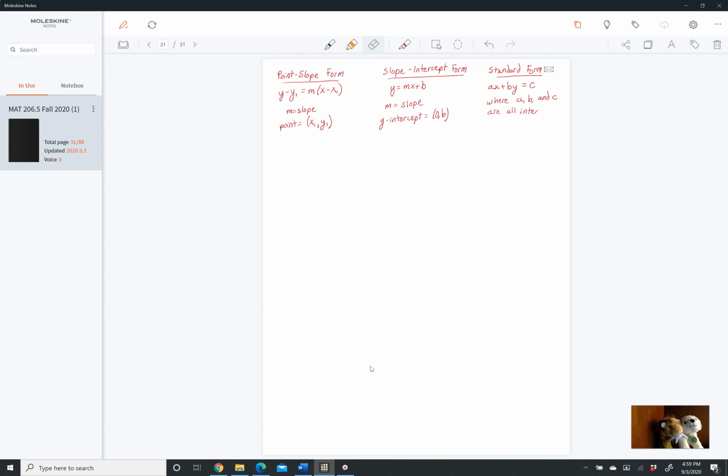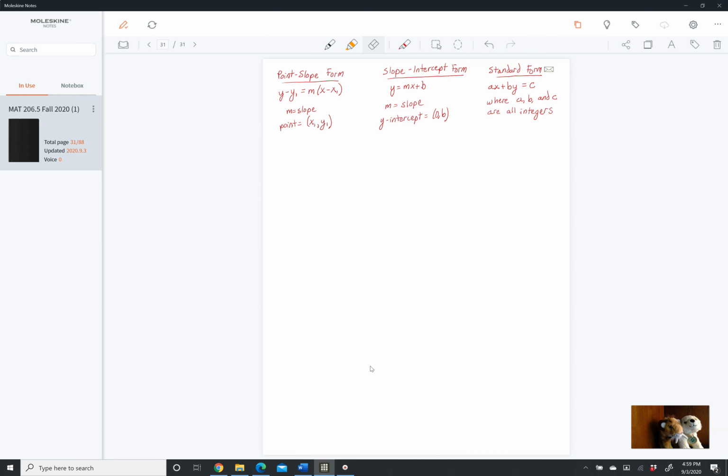You may be given the equation of a line in standard form and be asked to convert it to slope-intercept form, for example. You would never be told, given this information, just go straight to standard form. You can't do that. You would have to put it in, let's say, point-slope form and then go to standard form, okay? So, in other words, we can do some conversions. If we get a line in point-slope form, we can put it in standard form.